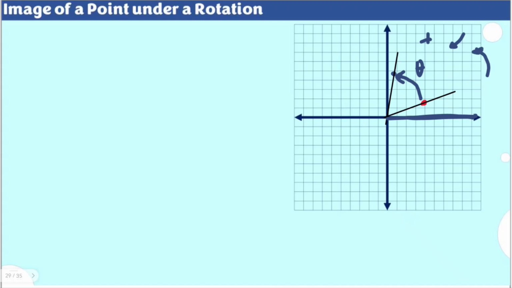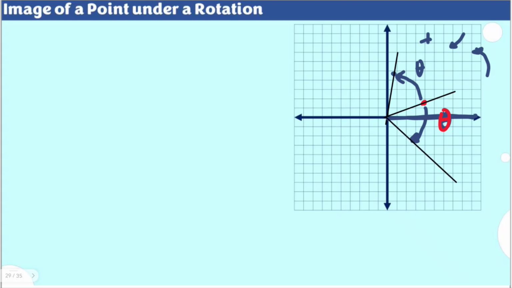If the angle is negative, then obviously we're going to talk about the location of this point in the reverse position, as long as we share the same theta, and the terminal side would contain the image of the rotation.